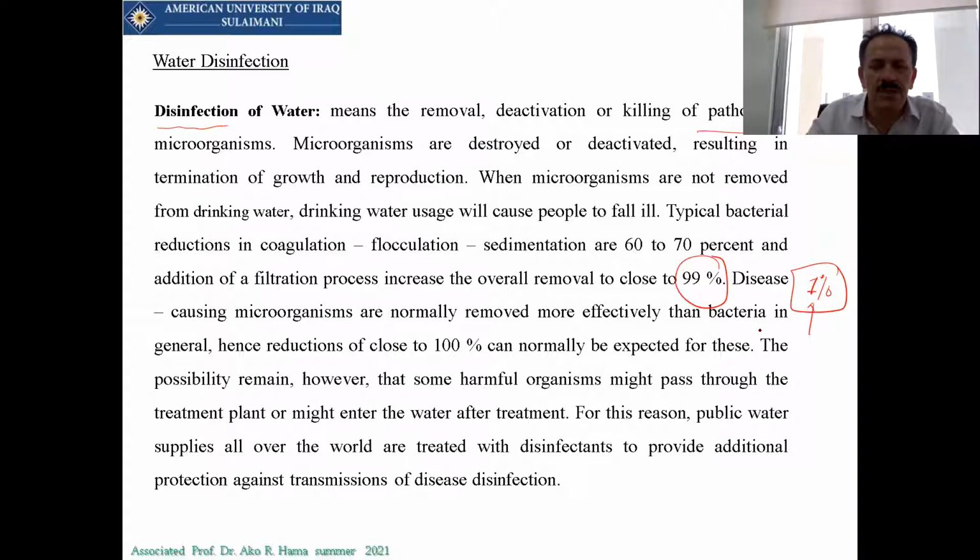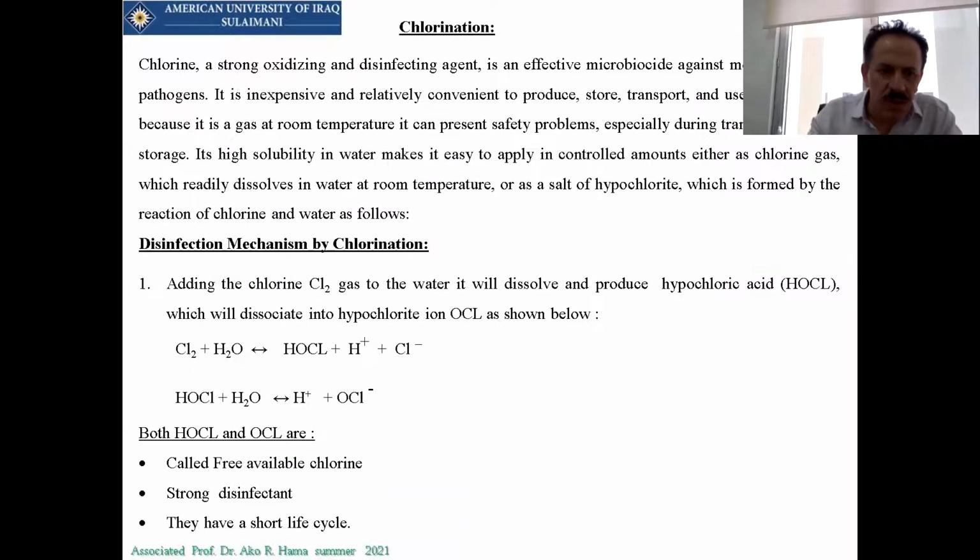This process will be done by adding specific disinfectants like chlorine. Chlorine is usually and normally used for chlorination, so chlorination is one of the processes that we use for disinfection.